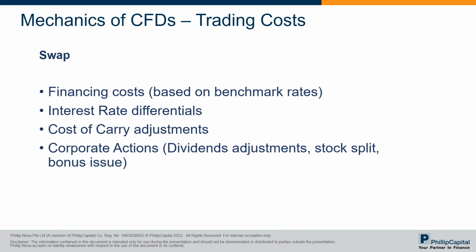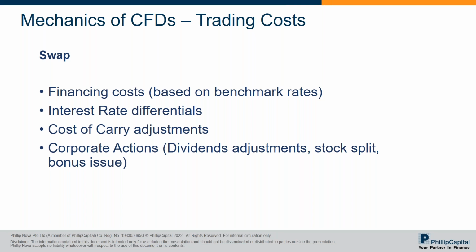This swap actually comprises a few components. The first one is the financing cost that we talked about. The second one is the interest rate differential. This may be applicable if you're borrowing in a certain currency and buying a contract in a different currency. These two currencies may have different interest rates, so the interest rate differentials will net each other.